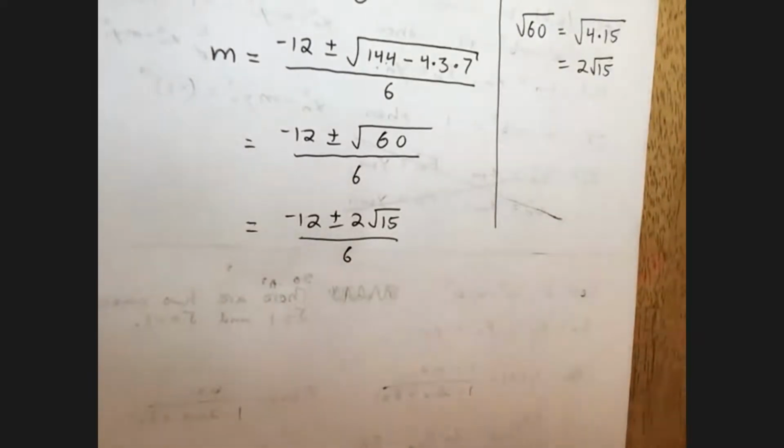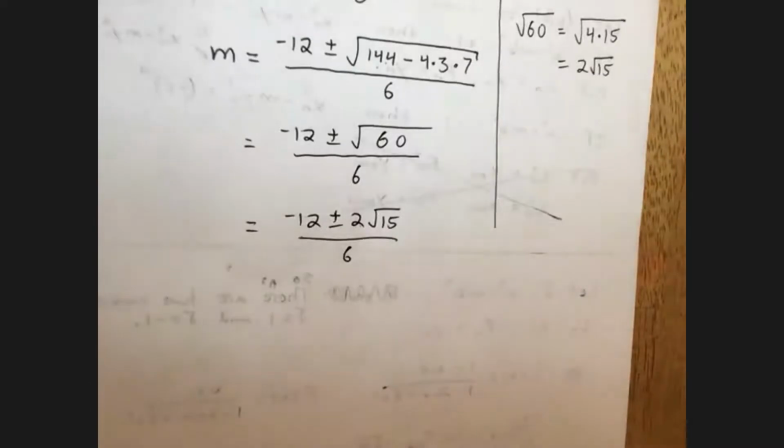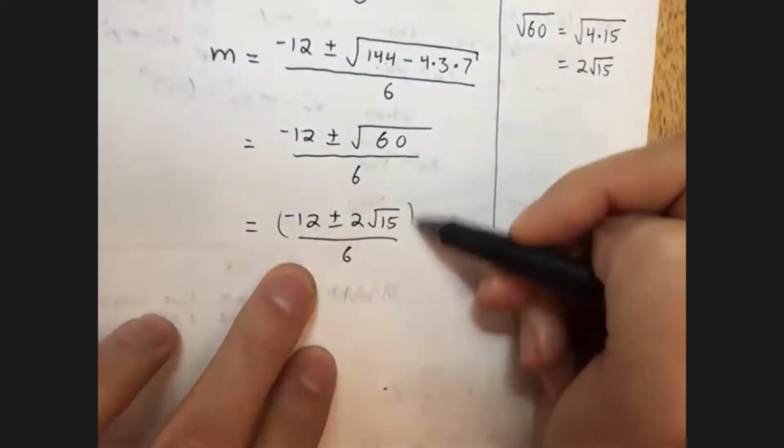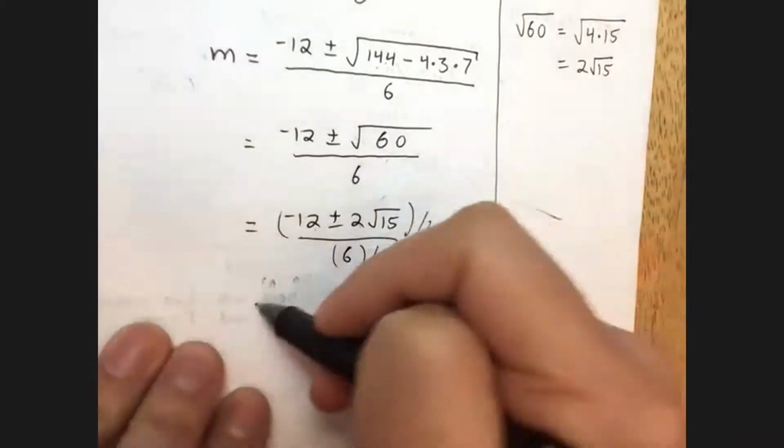All right, we can simplify this a little bit more because you see the numerator and denominator are divisible by 2. So we can simplify this by dividing the numerator and denominator by 2. So let's do that. Okay.